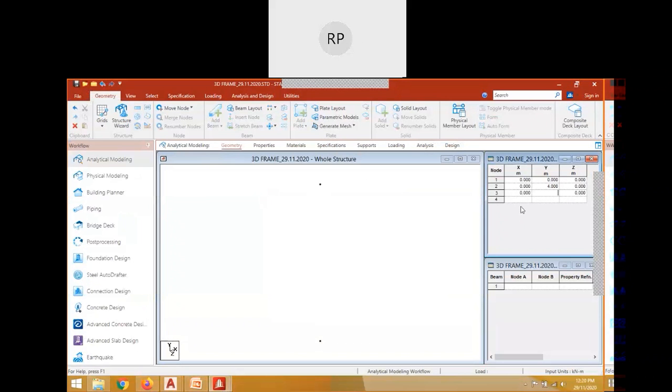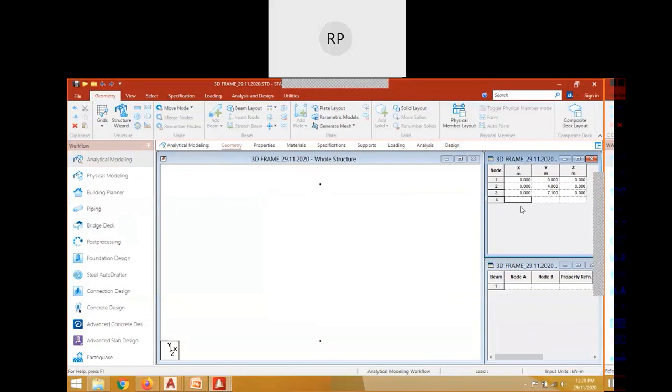So let us put 0 here, and here I will put 3.1. Not 3.1, it is an incremental distance, so it is 7.1, right? 4 plus 3.1 will be 7.1, and again the next coordinate will be 0, right? So that is the next node.